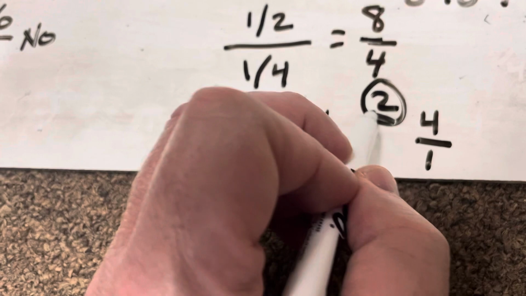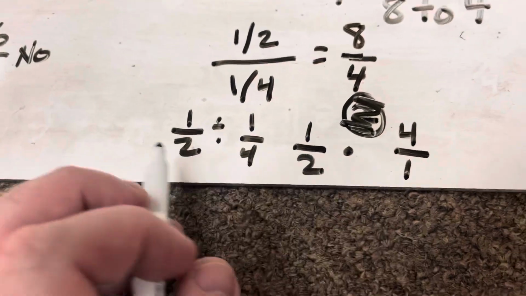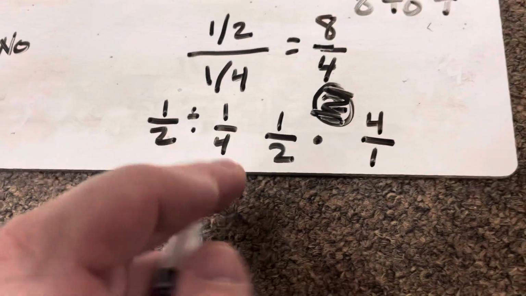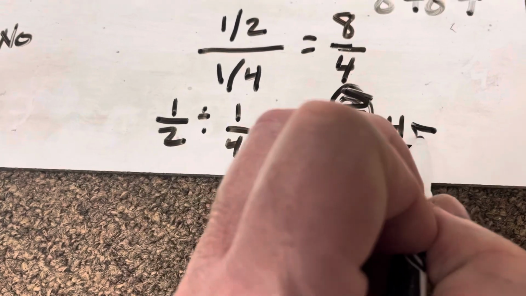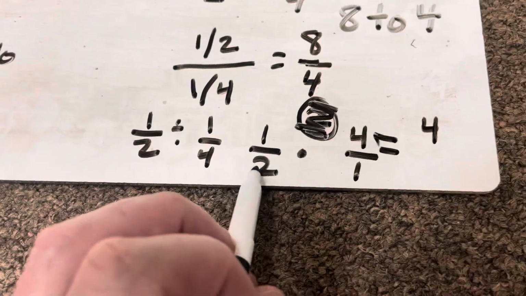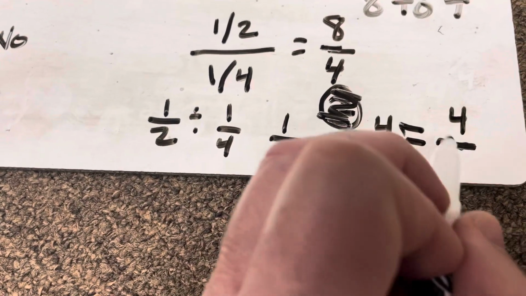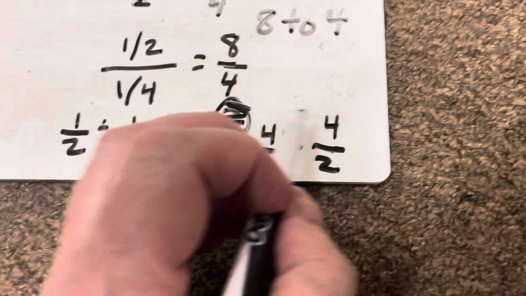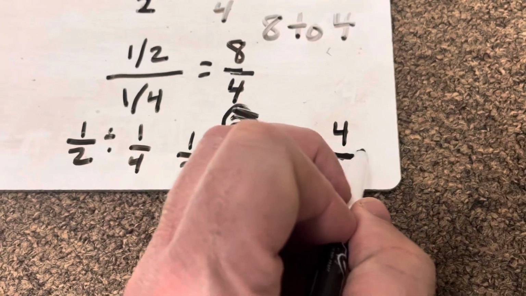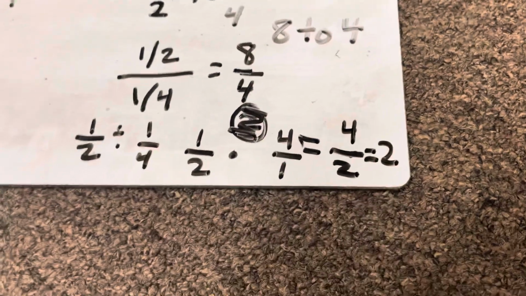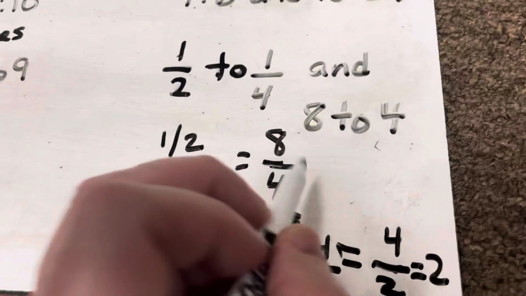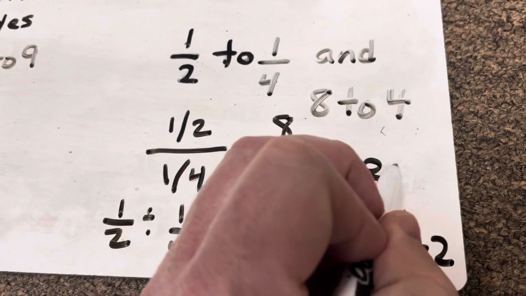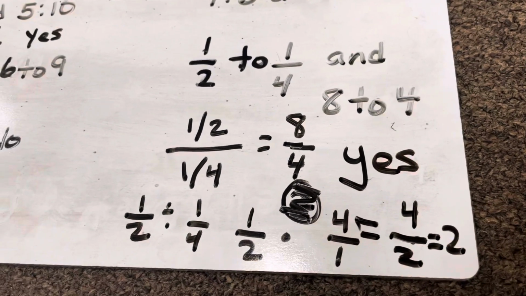And let's kind of just cross that 2 out because it's multiplied by the reciprocal. Well, 1 times 4 is equal to 4. 2 times 1 is equal to 2. And then I have 4 divided by 2. Well, 4 divided by 2 also equals 2. So that tells me in this last one, it is most definitely a yes.